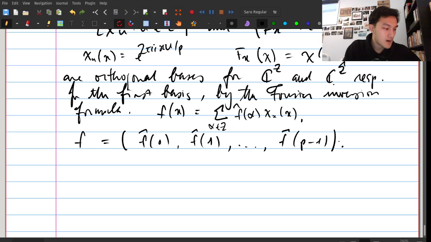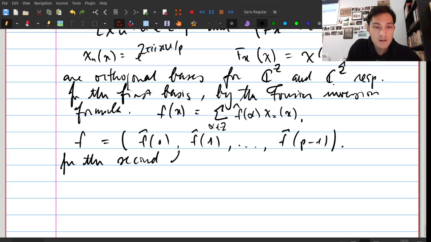Okay, and then likewise, in the second basis, so there's a basis for functions on the dual, in the second basis we just use the definition of the Fourier transform, and we find that f hat, the Fourier transform, is an expectation.